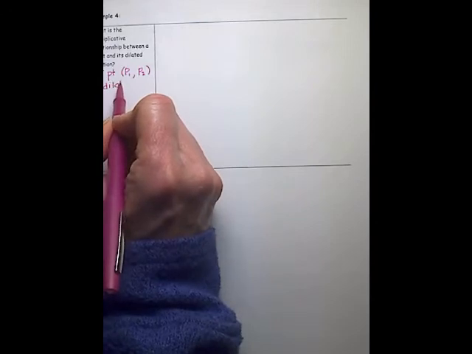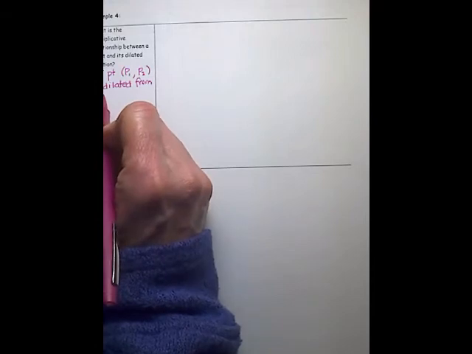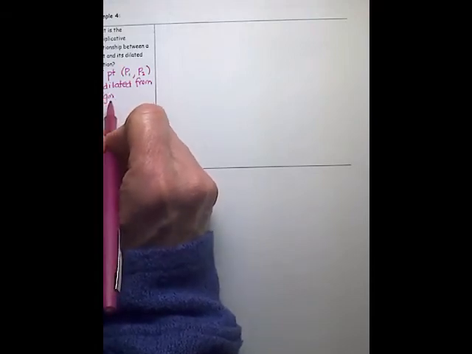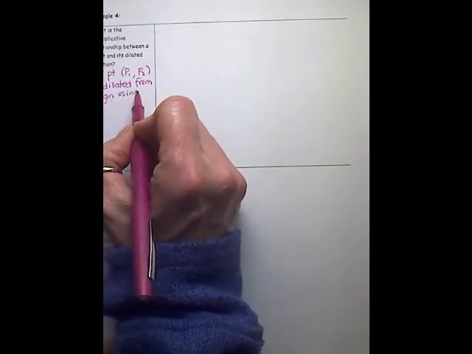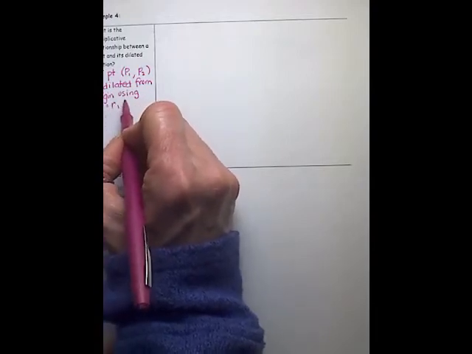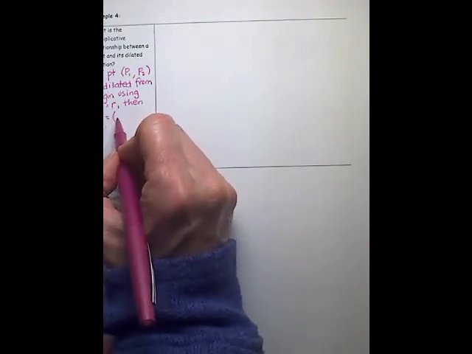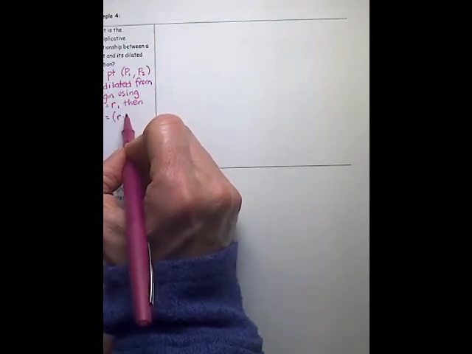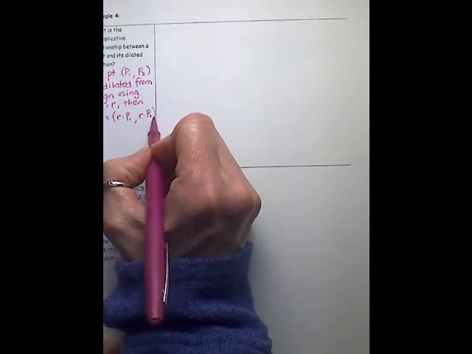If that point is dilated from the origin, and remember all of this applies to when it's dilated from the origin, using scale factor equals R, then the dilated point P prime is equal to R times the first coordinate P1 and R times the second coordinate P2.